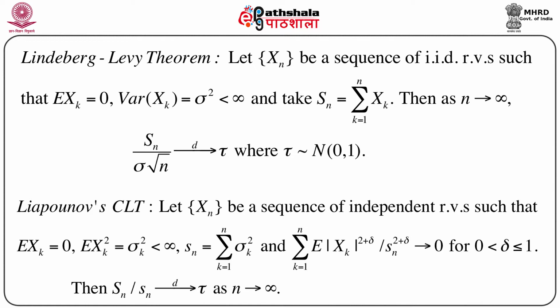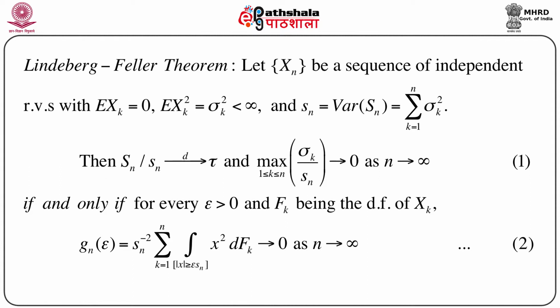That means that in the formulation we are using moments up to second order, but in order to prove this CLT we are assuming the existence of a slightly higher order moment, higher than 2. So Lindeberg and Feller came up with another theorem that assumes the existence of moments only up to second order, even when we are assuming independent random variables.